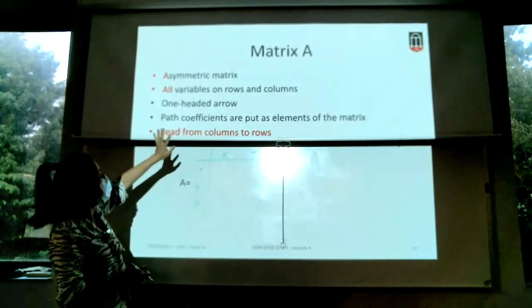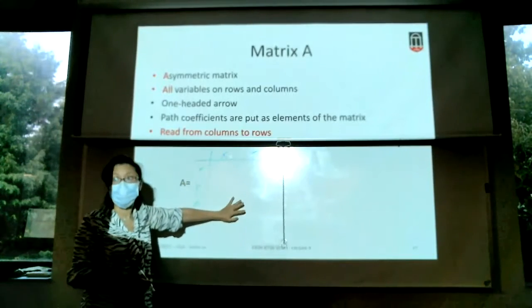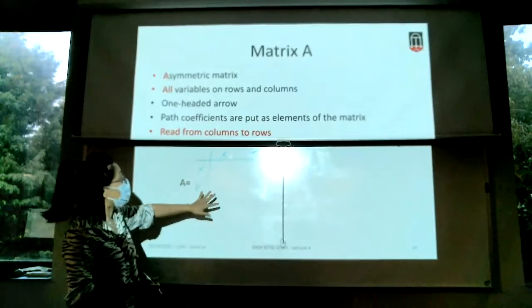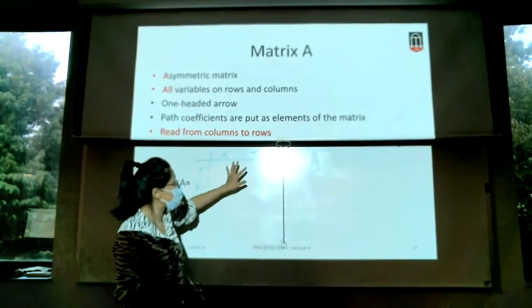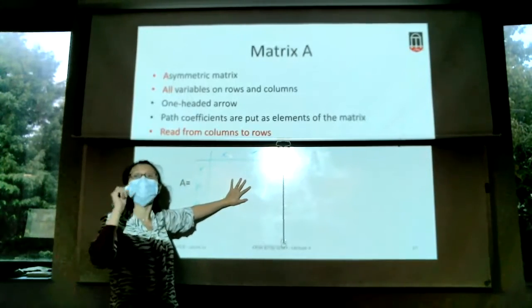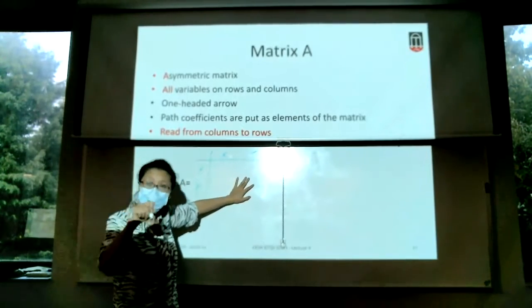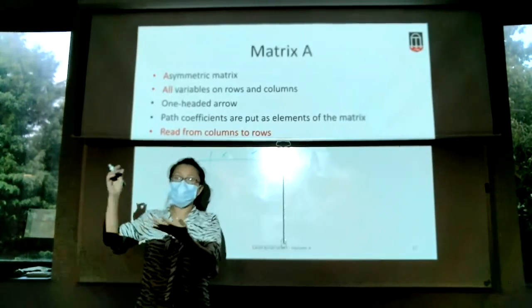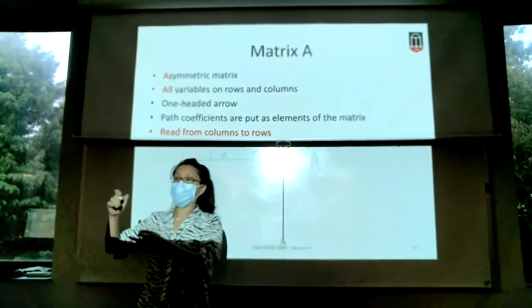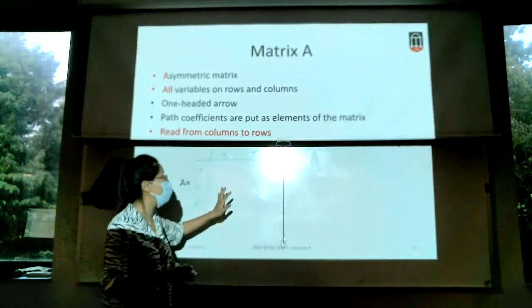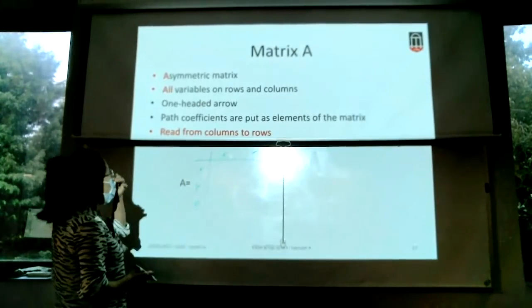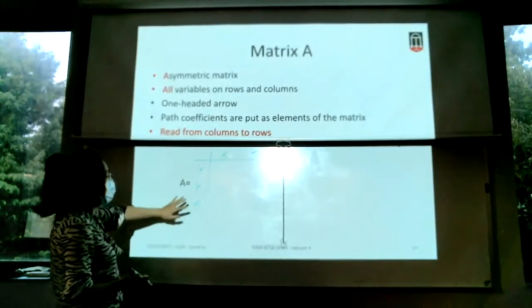And I'm going to save all single-headed arrows in this matrix. What are the elements inside the matrix? These are the coefficients of the single-headed arrows, such as beta, beta z, beta x, or something like that. How are we going to read this matrix?